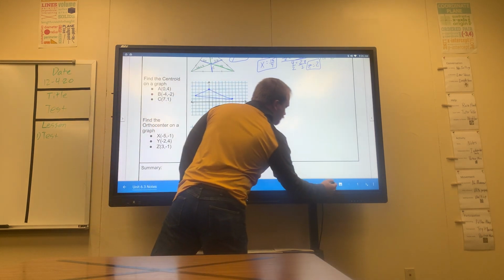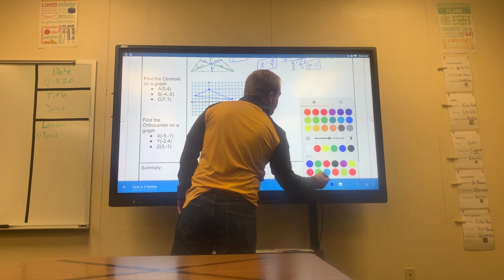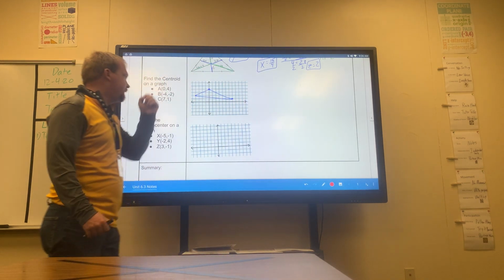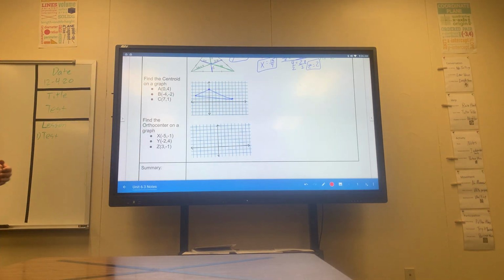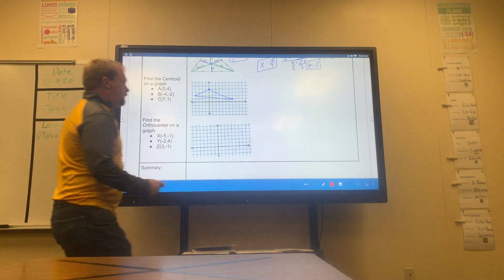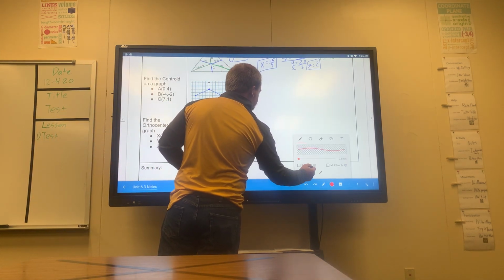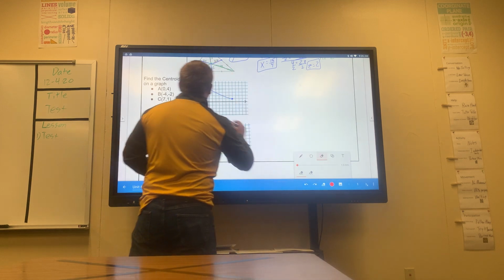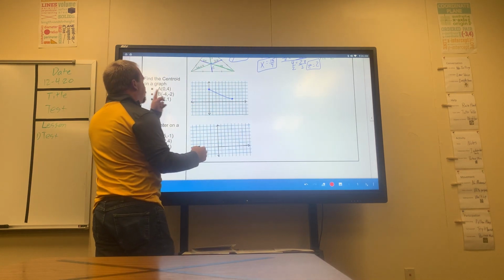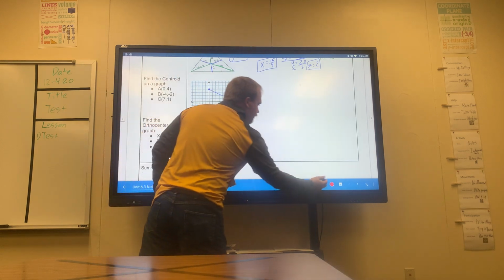I'm going to draw my triangle. Now I'm going to change the color real quick so I know which one I'm looking for. Oh, I'm sorry, I messed up on the points. Glad I saw that, because it's supposed to be negative 4 and negative 2. That's my mistake.